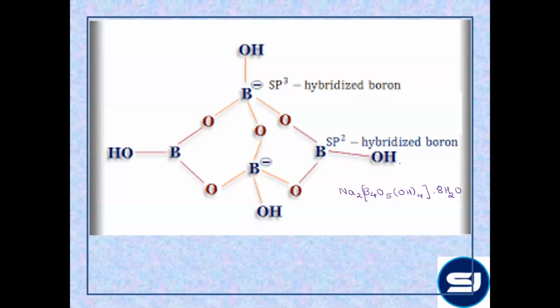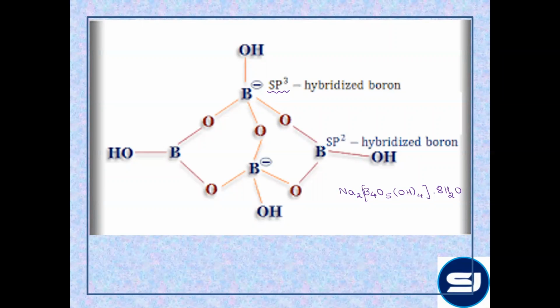Now in this structure there are some more important concepts which I had mentioned. If you look at the boron in which there is an oxygen atom linked, it has 4 bonds associated with it. With 4 bonds, these 2 boron atoms would be sp3 hybridized, and this boron atom, which does not have a B-O-B linkage internally, has only 3 bonds.